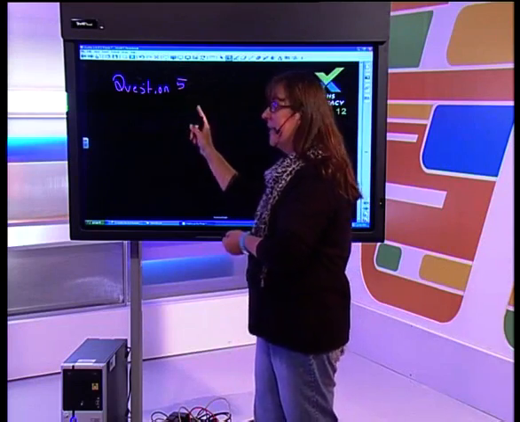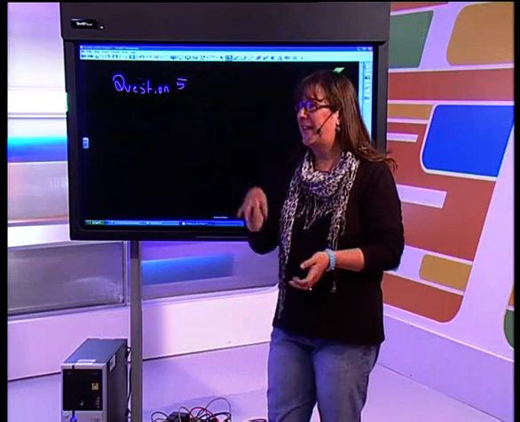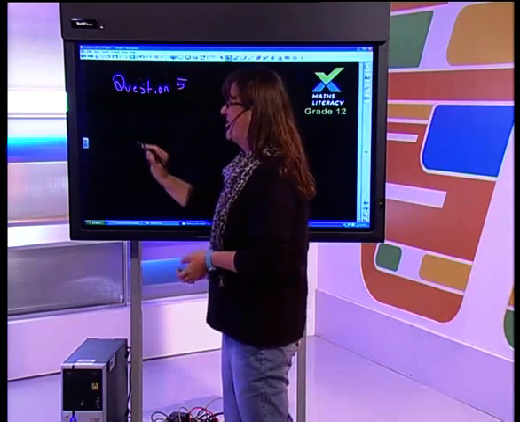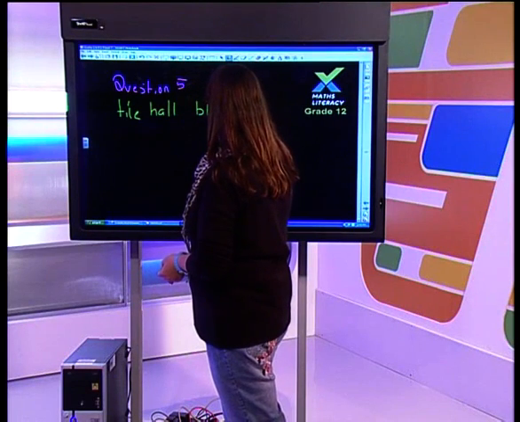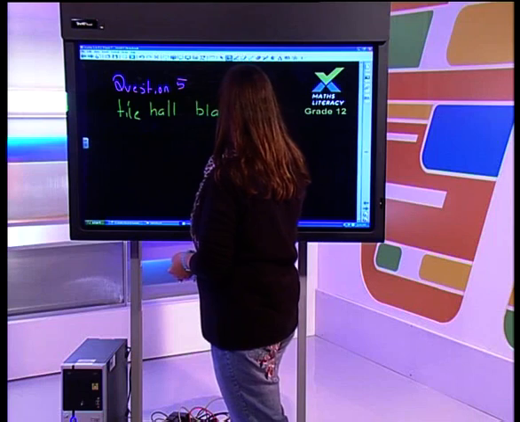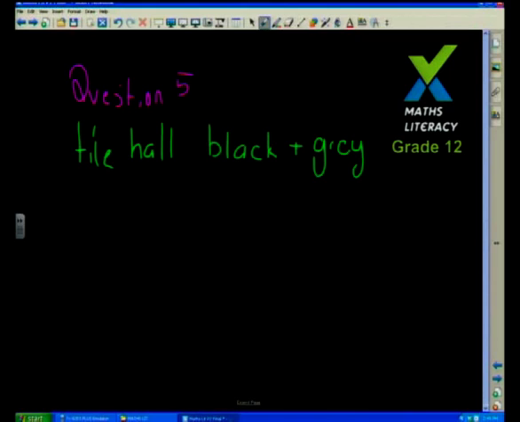So I think that I need to know something about black tiles and white tiles. I need to get the facts from Katlego. So Katlego, give me the facts. Let me read it for you, and then we'll extract the facts. Naledi High School decides to tile the floor of their school hall using black and grey tiles. The hall is L-shaped. A rectangular stage is located against one wall of the hall, as illustrated in the sketch.